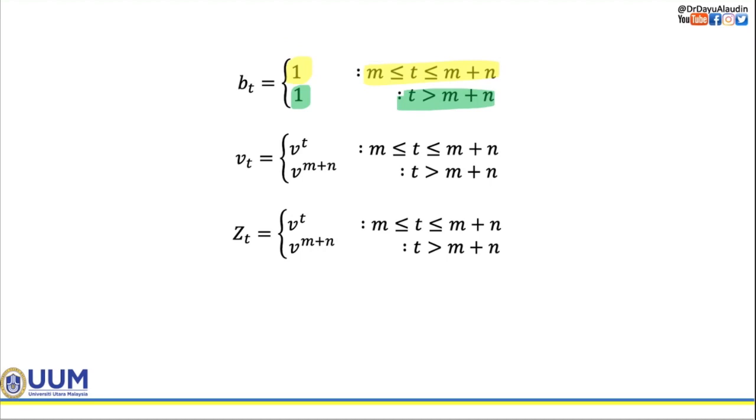The discount function is V to the power of t if death happens between M and M plus N. However, the discount function becomes V to the power of M plus N if he still survives until t years or greater. So the Zt is the Bt times Vt for these two cases.